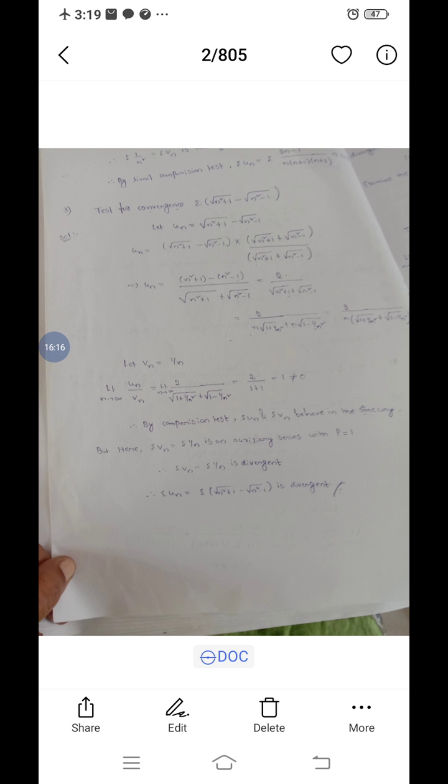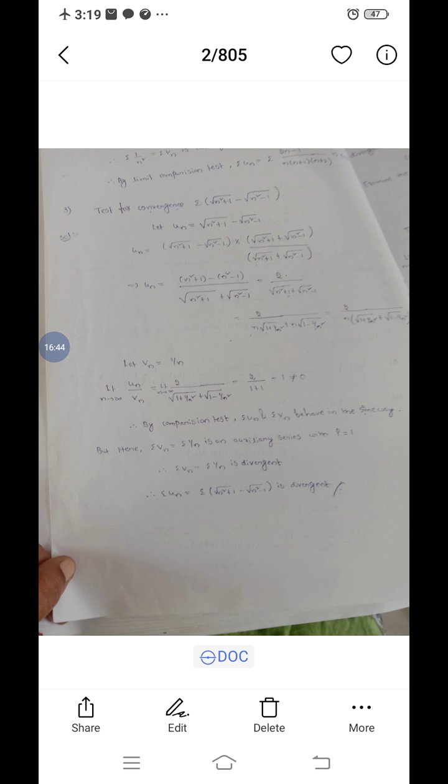So un, after simplification, is 2 by n into square root of 1 plus 1 by n square plus square root of 1 minus 1 by n square. According to my convenience to get the auxiliary series form, I am taking Vn as 1 by n. After that, in the limit comparison test you have to consider limit n tends to infinity un by Vn, which is equal to limit n tends to infinity.